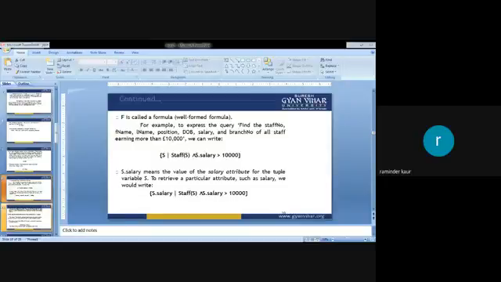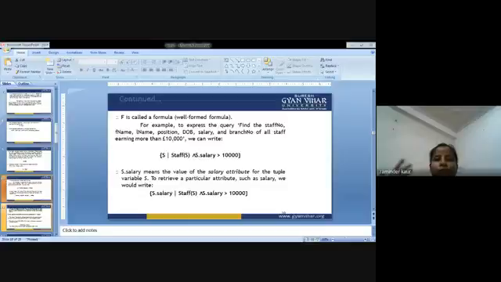Now I am going to tell you the main points of concern that are associated with tuple relational calculus. What are those? The tuple relational calculus is specified to select the tuples in a relation, and in TRC, the short form for tuple relational calculus, the filtering variable uses the tuple of the relation.